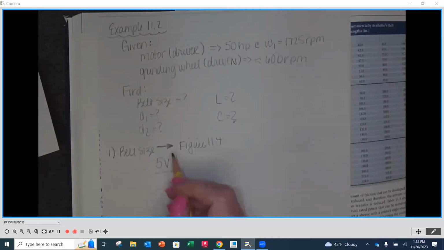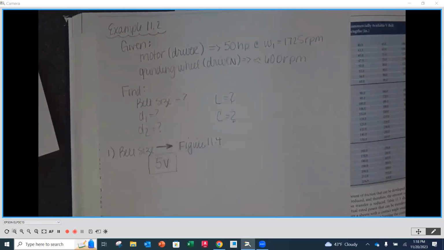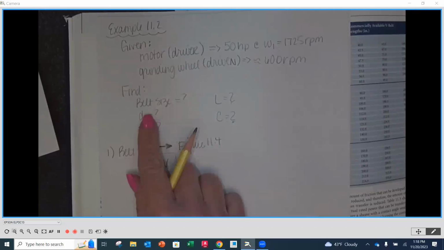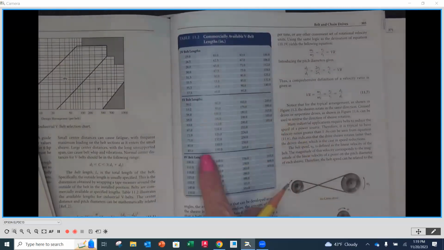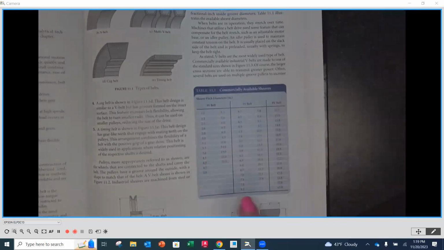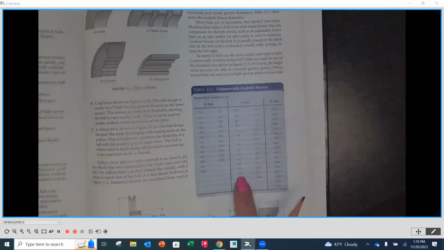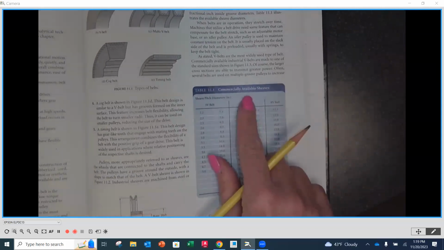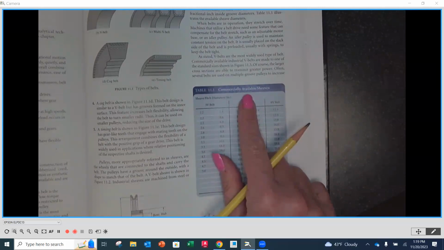A 5V belt. That's going to become important when we look at the diameters of our sheaves, because on table 11.1, we have to be in the 5V column for the available sheave sizes.